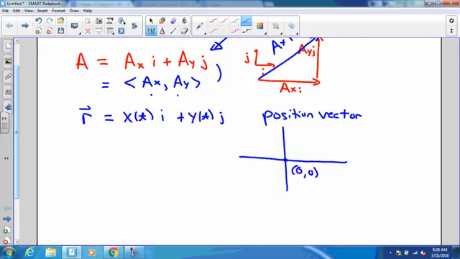So if I place my origin right here, and I watch the particle's path as it moves along the parametric curve, then at any time, the position vector is going to be the vector that takes me from the origin to the point x, y along the curve. And since x and y are functions of t, then the position vector is legitimately a function of t as well.